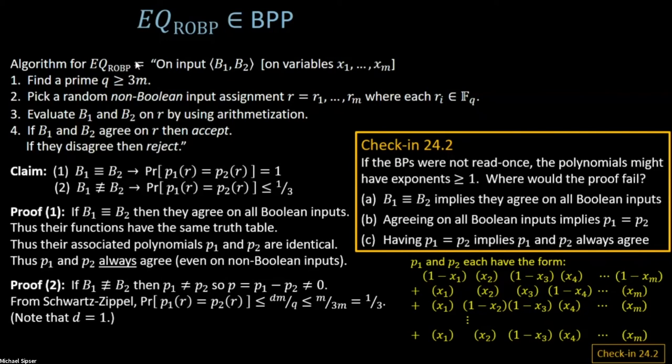Again, a couple of questions about picking the prime number. This is a very small prime number. You could even represent that prime number in unary within the amount of time we have, because don't forget, this is a prime number whose magnitude is at most the number of variables.